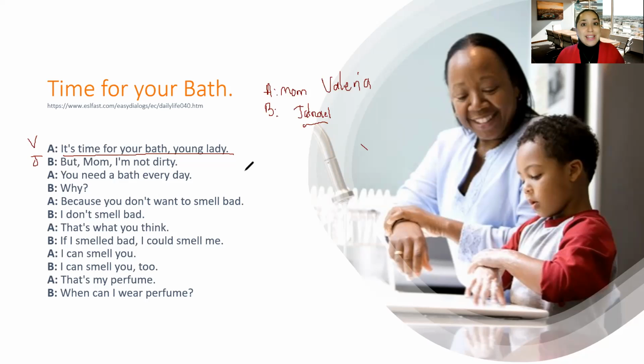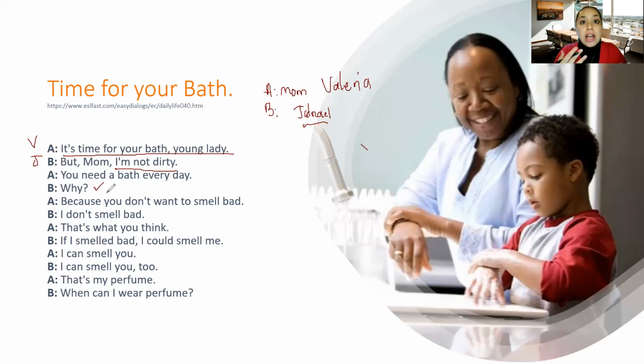But the child says, mommy, no, I'm okay. We have seen this in almost every child there is. I'm not dirty, mommy. And then mom says, you need a bath every day. Mom is always very straightforward, like, you need to do it. And then the little kid, why?